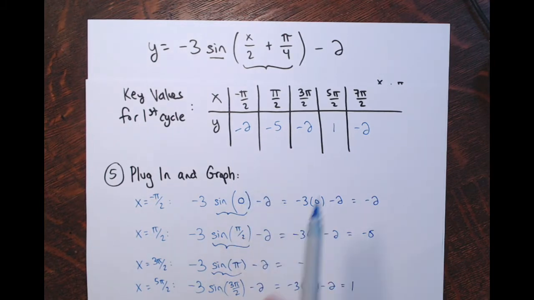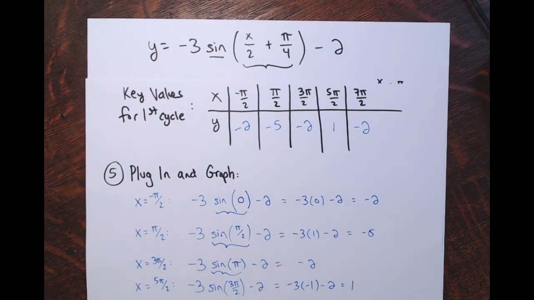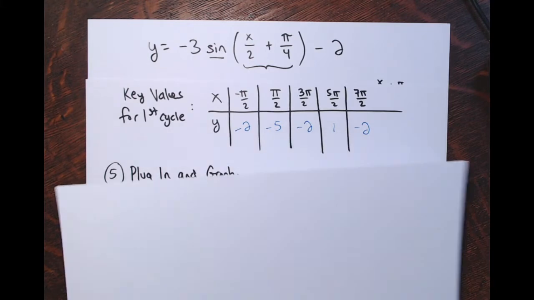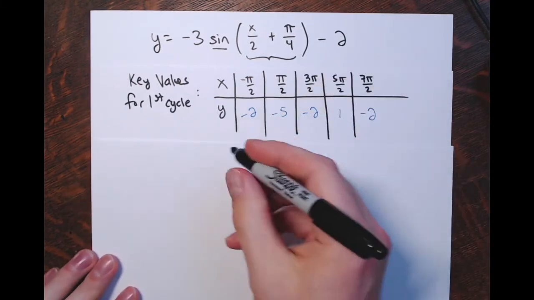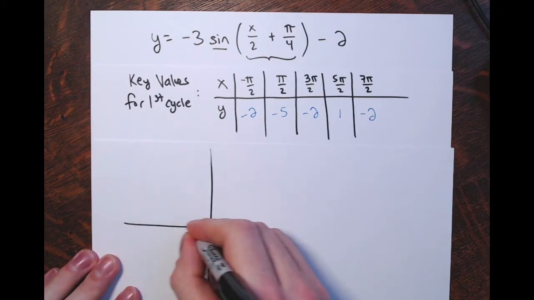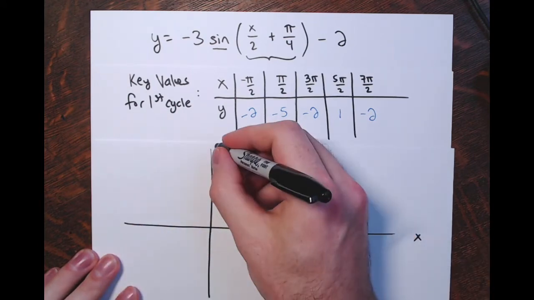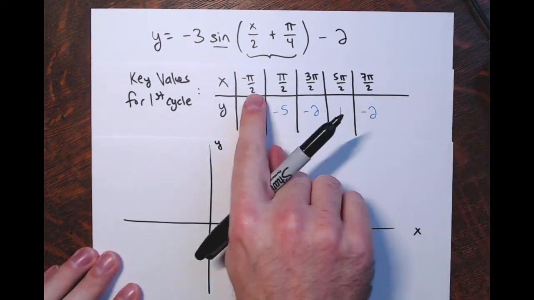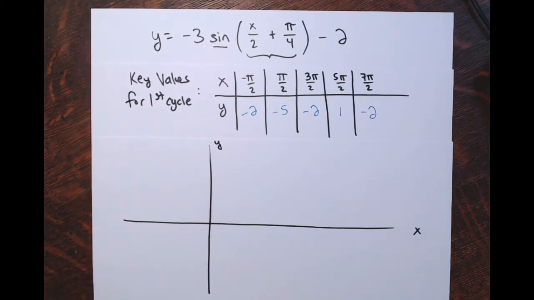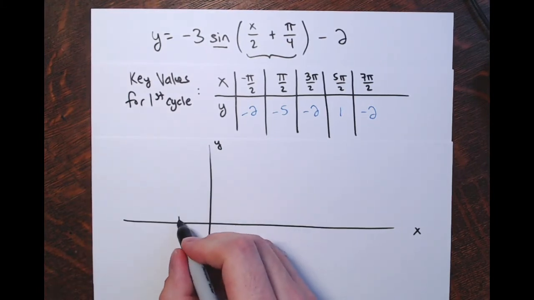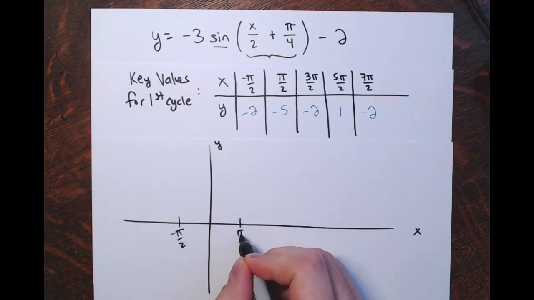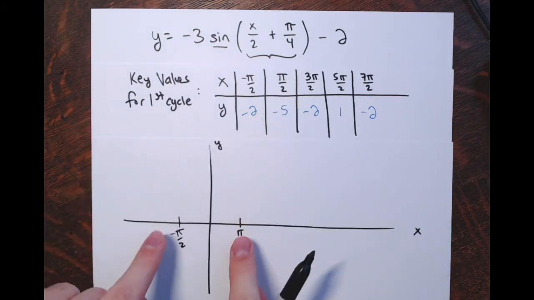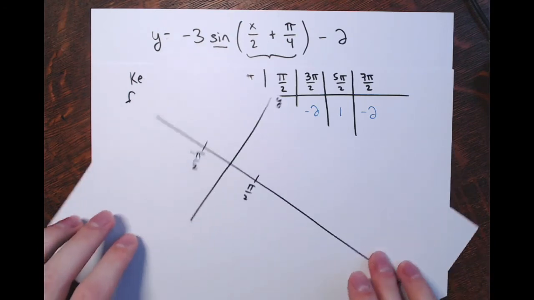Alright, now I graph the thing. Alright, I'll make an xy coordinate plane. And I'll mark off these key values for at least this first cycle. So negative pi over 2, and then pi over 2, and just make sure all my notches are that distance apart. I'm going to try my best here.